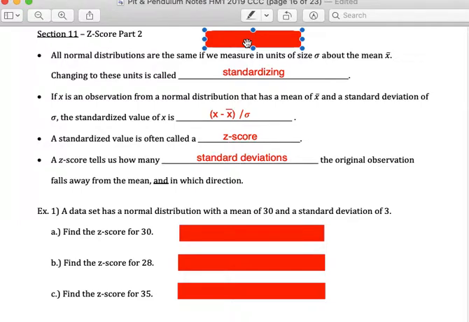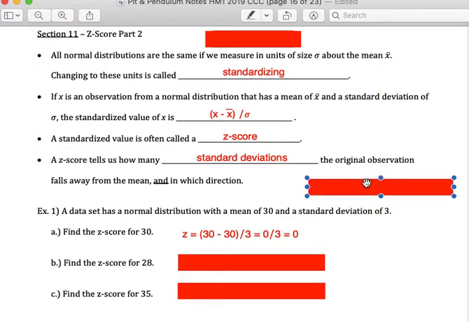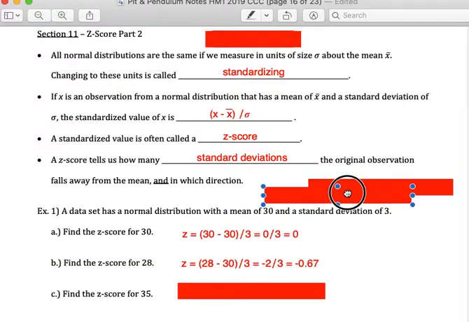So a z-score of 30, maybe some of you didn't even write down the math that you did there, right? Because it would be 30 minus 30 divided by 3, which is 0. Whereas if I was doing a z-score of 28, it might be in your head like, oh, 28 is smaller than my mean. My z-score is going to be negative: 28 minus 30 divided by 3.